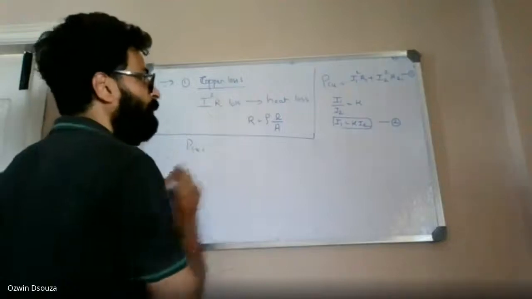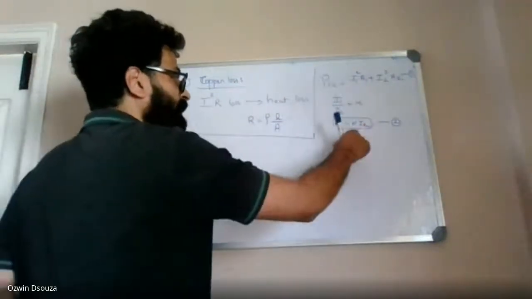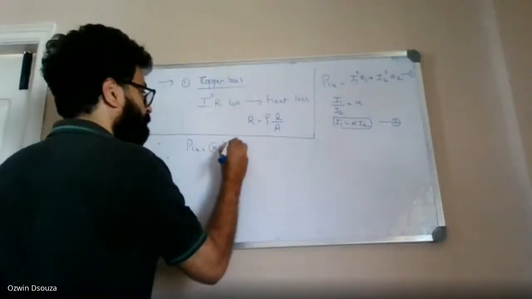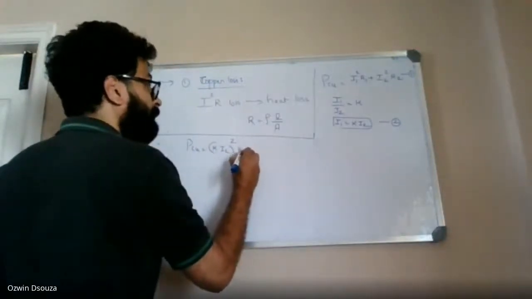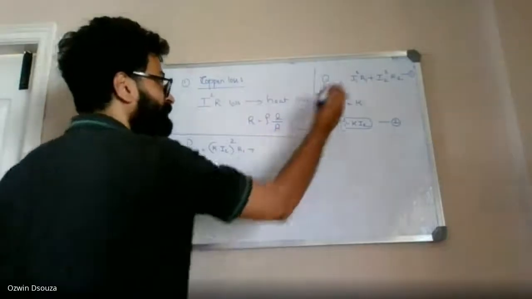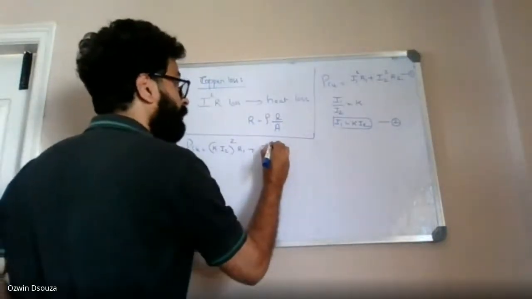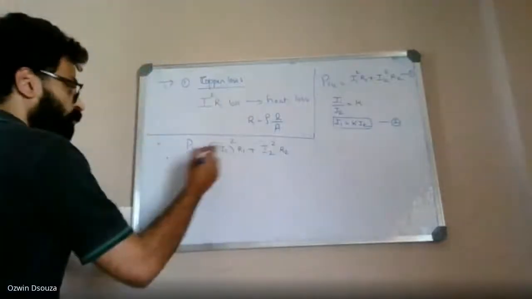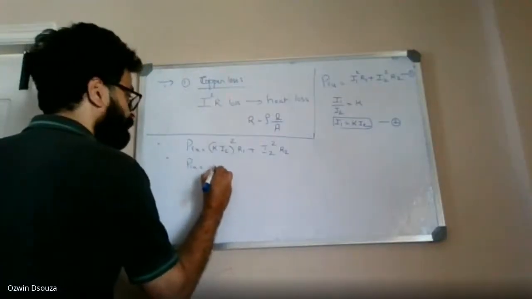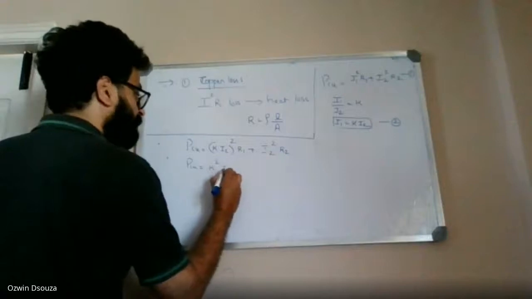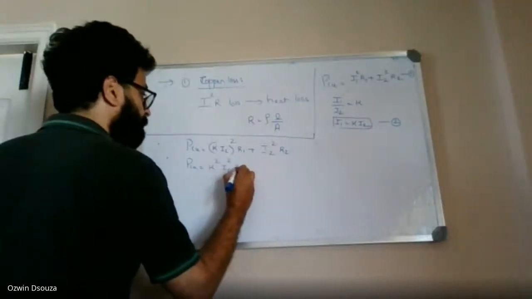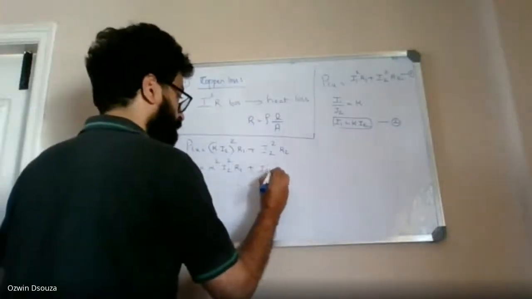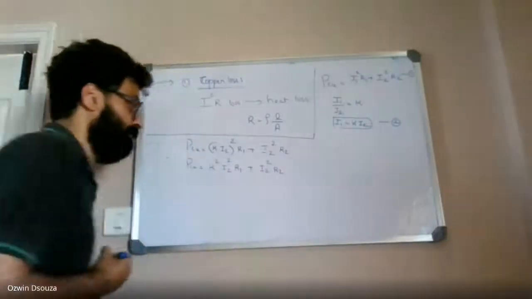PCU is equal to, in place of I1, I'm going to substitute K I2. K into I2 whole square into R1 plus I2 square into R2. Let us open up the bracket. So PCU is equal to K square I2 square into R1 plus I2 square into R2.